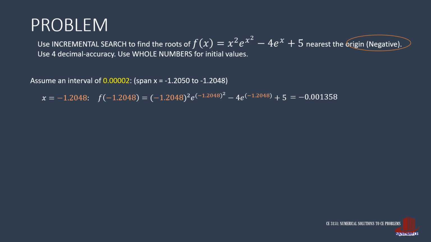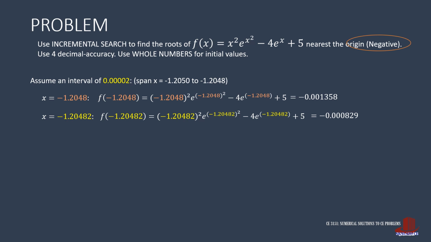Subtract the increments, making the function into negative 1.20482 squared times e raised to negative 1.20482 squared minus 4e raised to negative 1.20482 plus 5. This yields negative 0.000829.